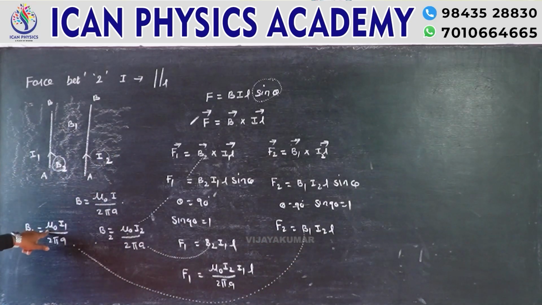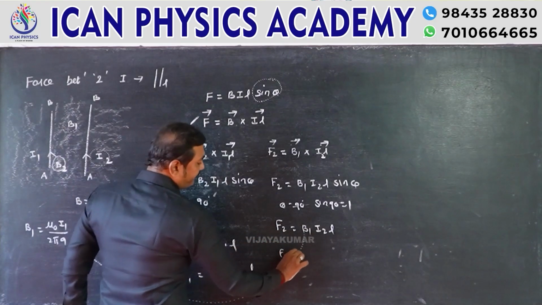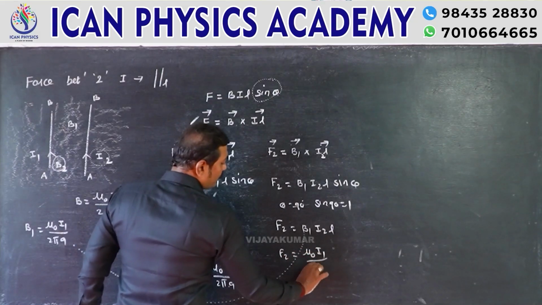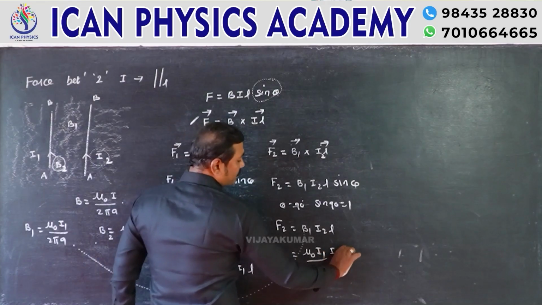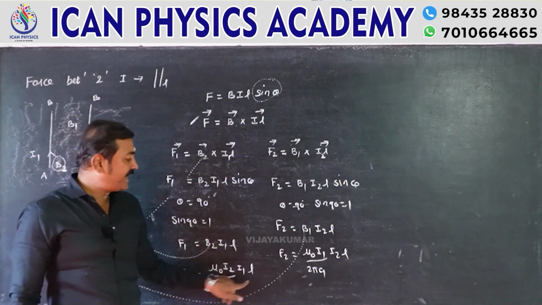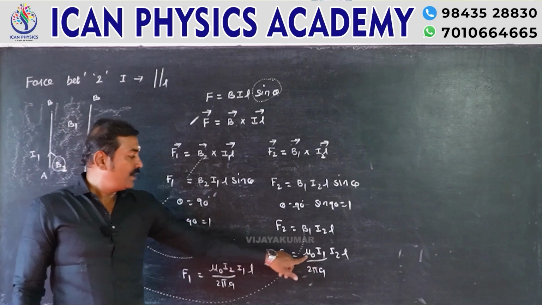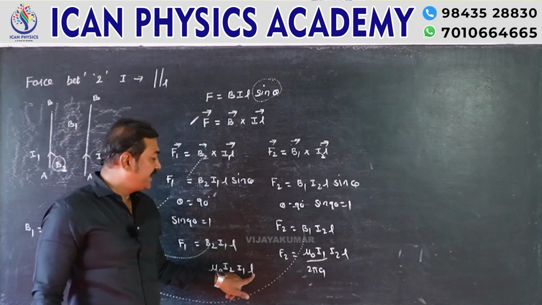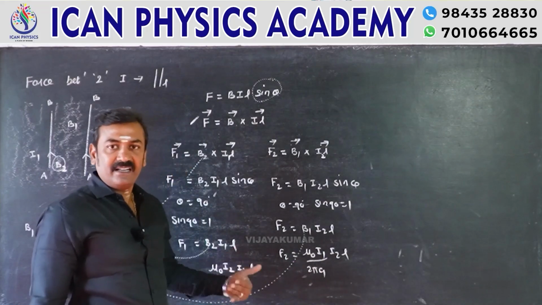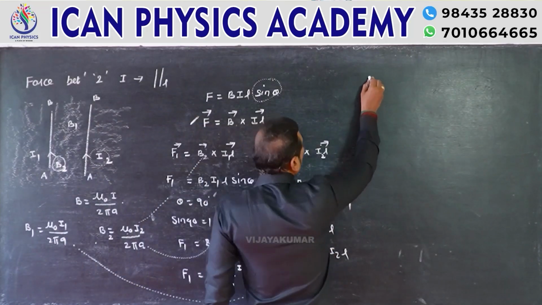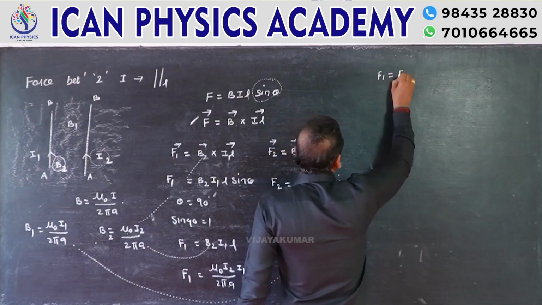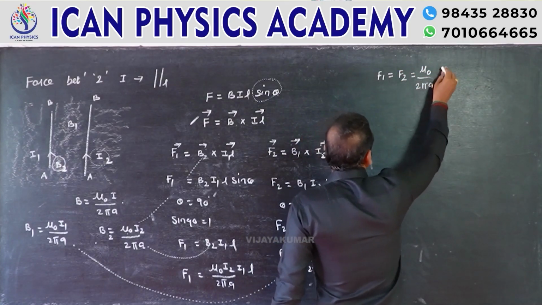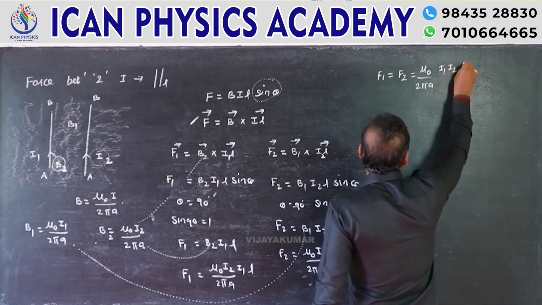F2 equals μ0 I1 by 2πa into I2 into L. Now compare these two equations. When the RHS are equal, the LHS are equal. So F1 equals F2 equals μ0 by 2πa into I1 I2 into L.